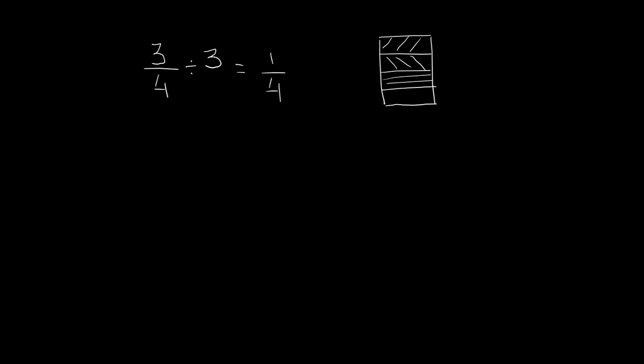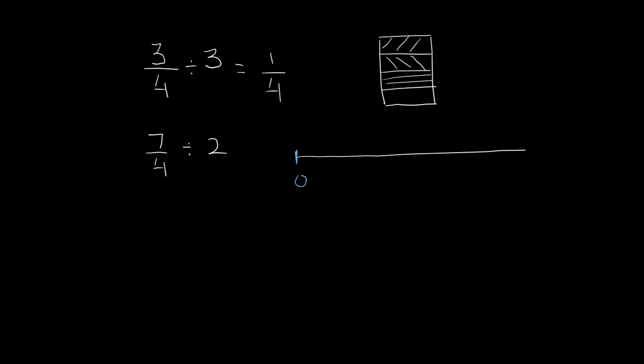Let's try another one. Let's say we have 7/4 and we want to divide by 2. So let's try to do that. So we have 7/4. So here's the number line, and I'm going to draw 7/4. So this is 0.